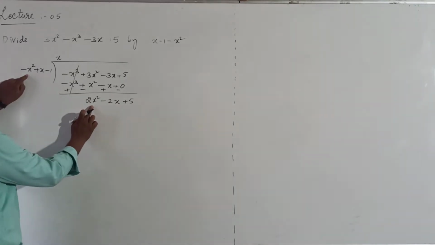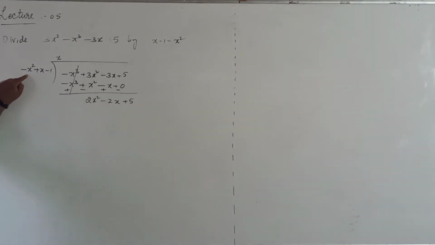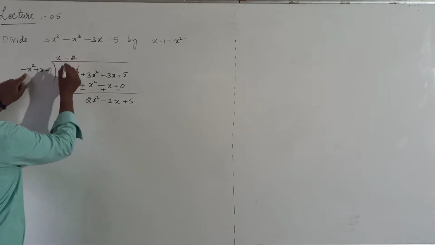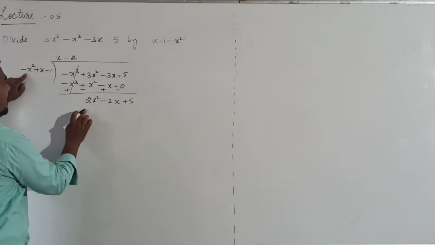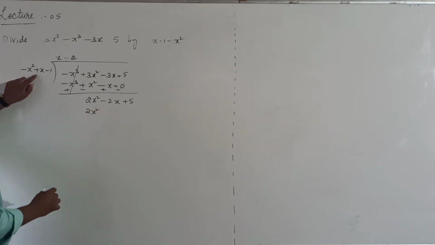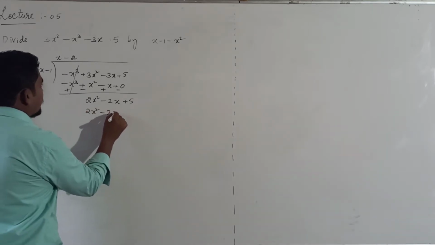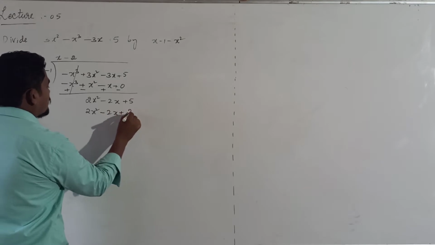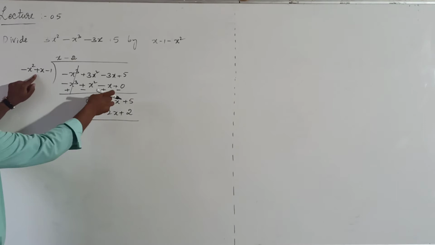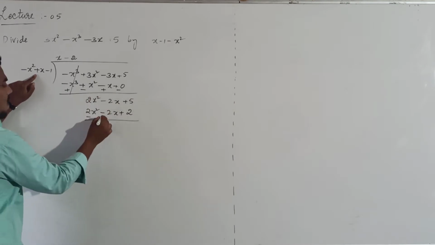For getting 2x square, which term do we need to multiply for the divisor? That is minus 2. Now minus 2 into minus x square is plus 2x square, minus 2x plus 2. Again reverse the signs, means subtraction of these two terms.